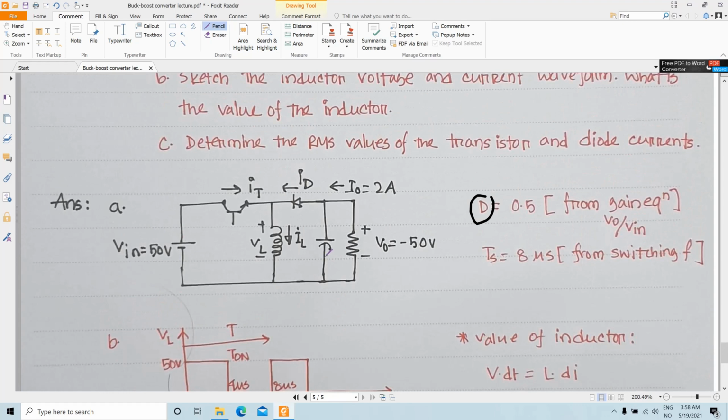Now in the exam, of course, it can be a little bit more complicated than here. I may give you the value of the stray resistance of the inductor, the stray resistances from the capacitor, or the on resistance of the diodes, or the loss from the transistor.